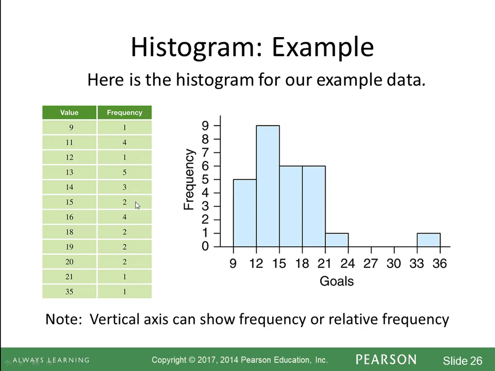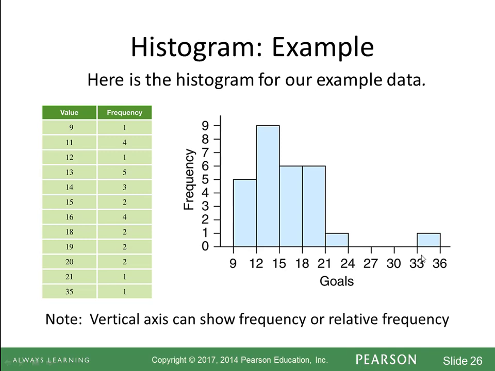Now 9 to 12, so you see we went 9 to 12, so that means we're going to have 9 but not 12. So these 5 are in our first rectangle, and then from 12 to 15 will be these 9, and then from 15 to 18 will be these 6. 18 to 21 will be these 6.